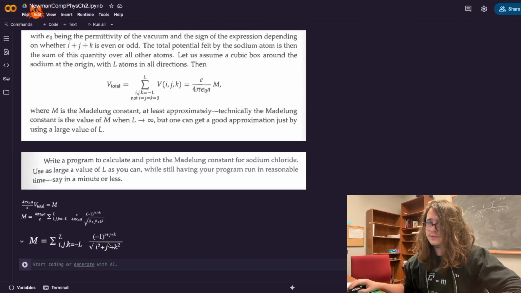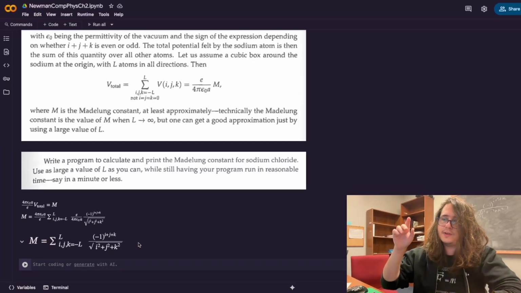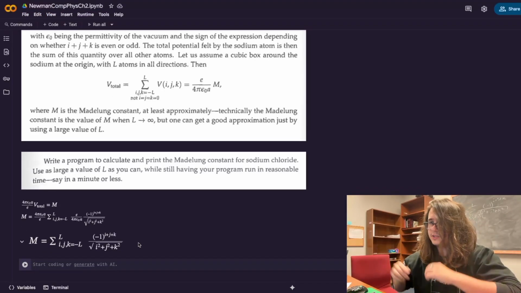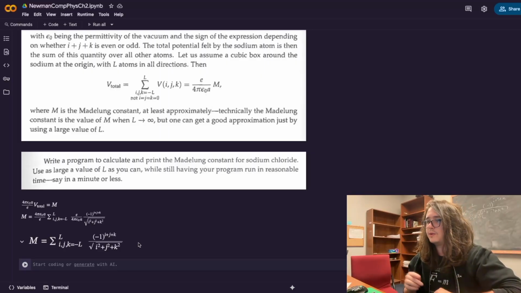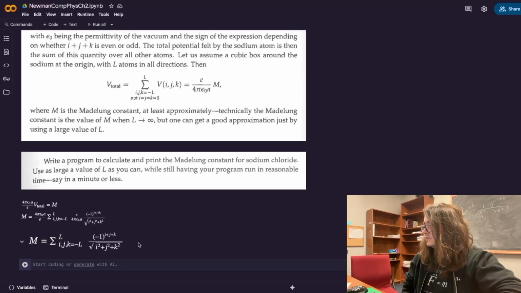So we're literally just taking the sum of minus 1 to the i plus j plus k over the square root of i squared plus j squared plus k squared, excluding the origin point, right?